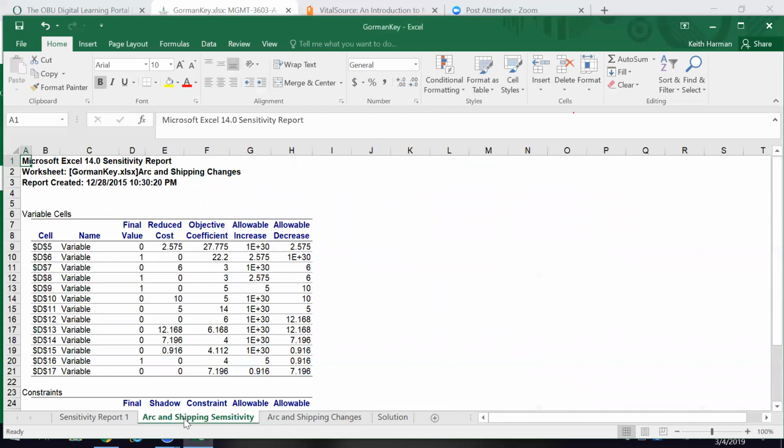And then they give us the sensitivity data, the sensitivity report, where we have allowable decreases and increases. You can see in that first table, the variable cells, in terms of increases, we only have a couple of them that are anything other than negligible.